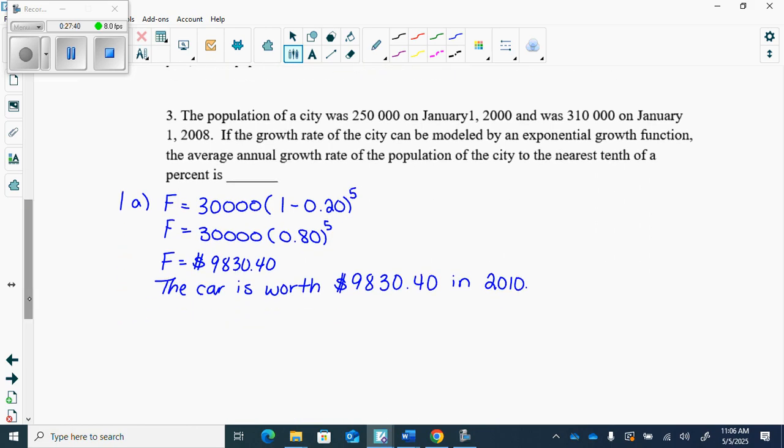So if we go to B, it's going to be 15,000 equals 30,000 times 1 minus 0.20, which hasn't changed, to the n. And what did I tell you? Every time you're given the initial and the final, what's the first step? Divide it over, right? Divide it over.